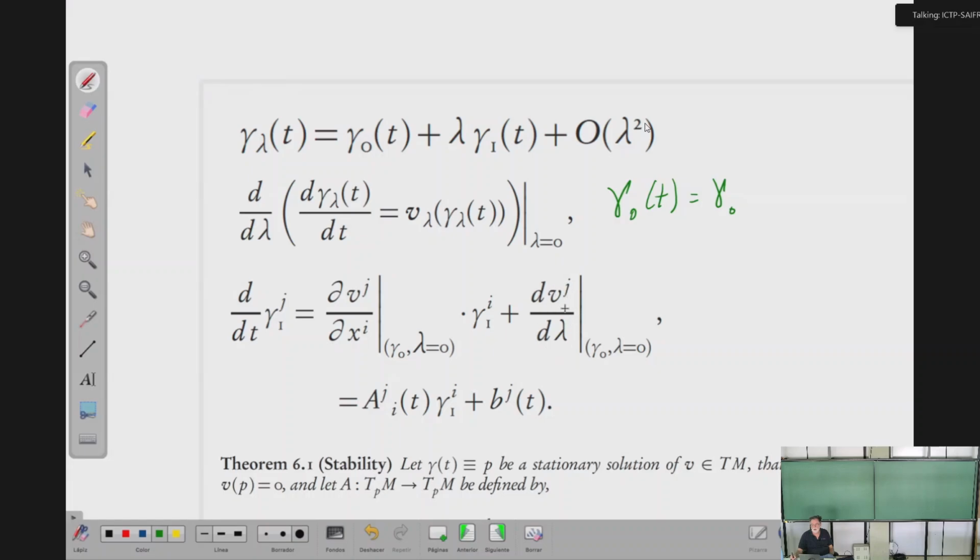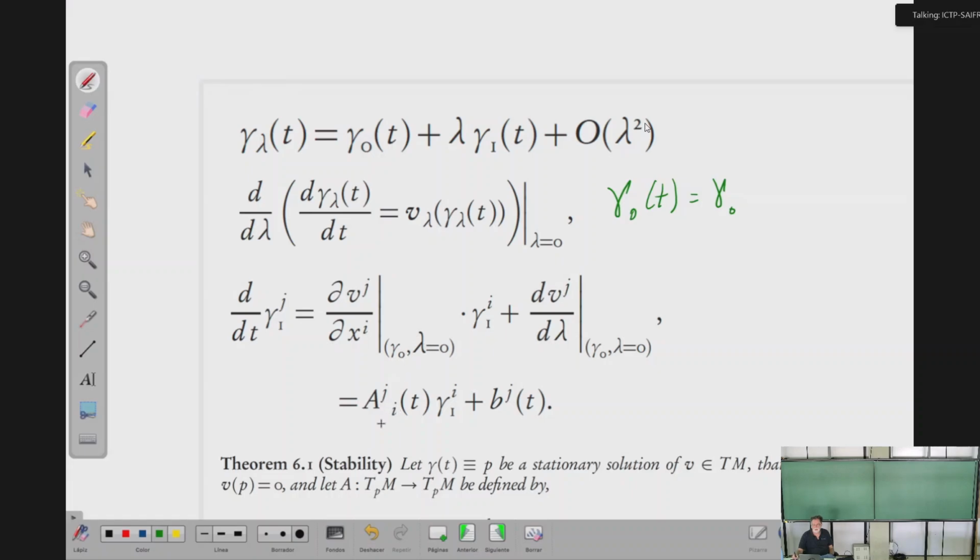So how this vector field changes with lambda. And this is just a vector that doesn't depend on the solution. So this is all evaluated here at gamma naught and lambda 0.